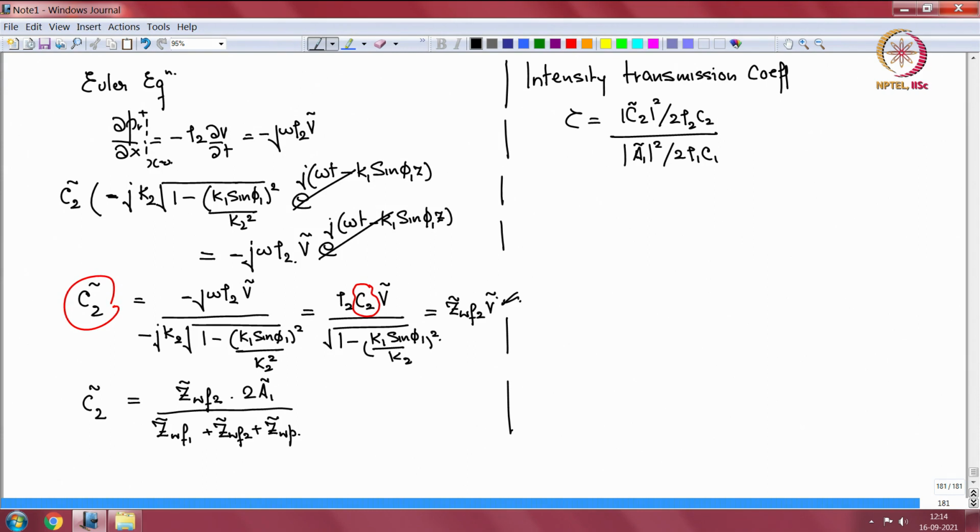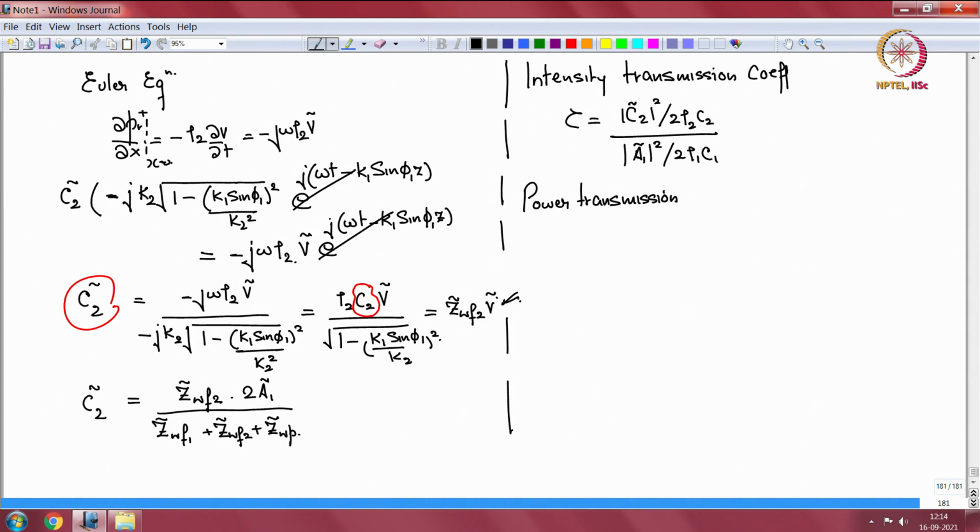Now we want to get to the power transmission. It means some area term has to come in. Now, that area term is going to be what?